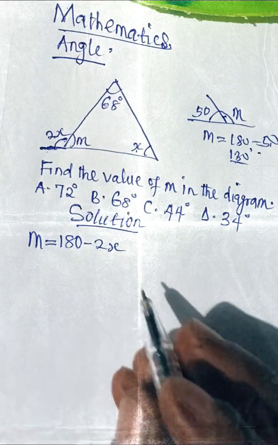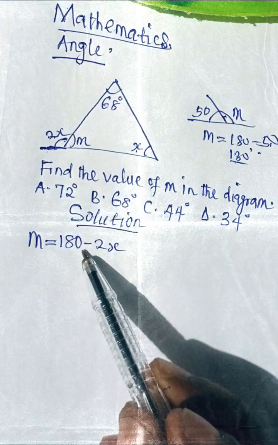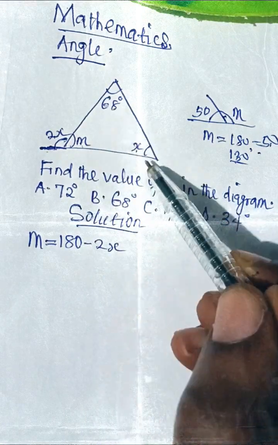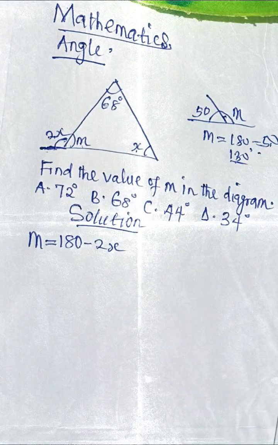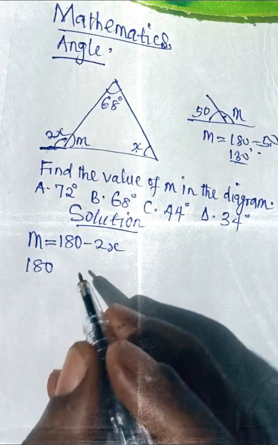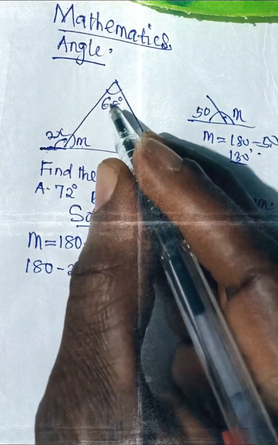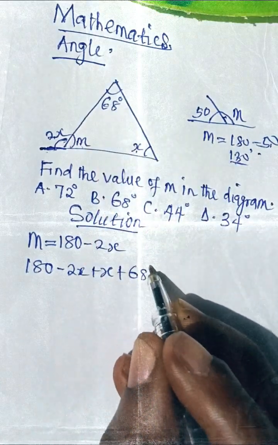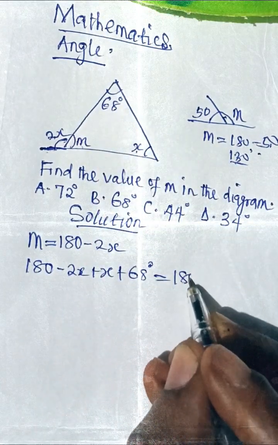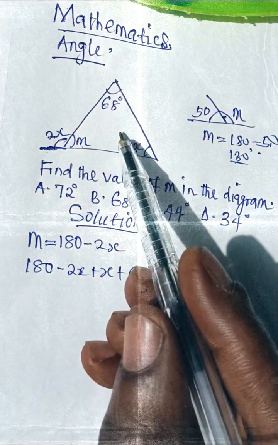Right? Okay. Now, since we know what m is already, we're going to add this with this, and equate it to 180 as the theorem states. So we now say 180 minus 2x plus x plus 68 degrees equals 180. That is the sum of interior angles in a triangle.